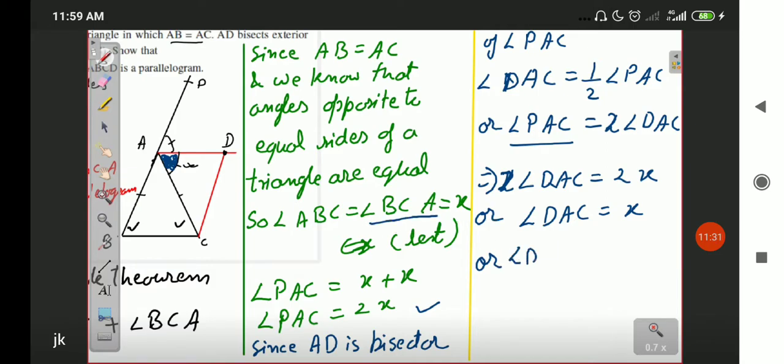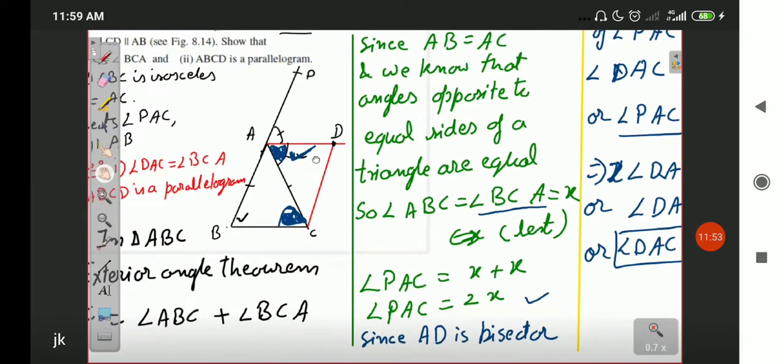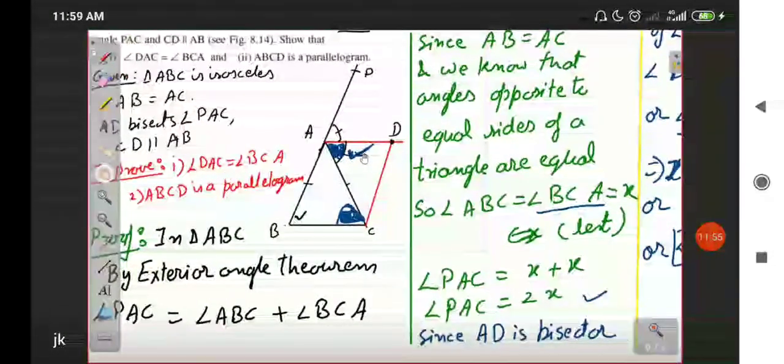So angle DAC is equal to angle BCA. Let us once again focus on the diagram. We have proved that angle DAC, this angle, and angle BCA, this one, are equal. That was the first proof that was required of us.